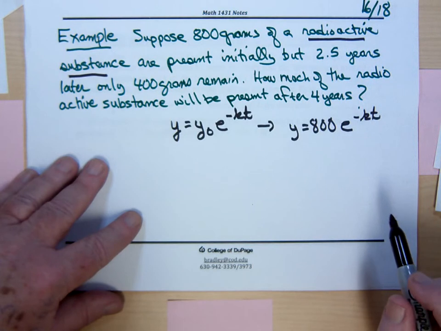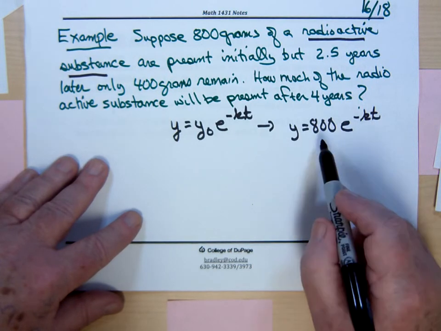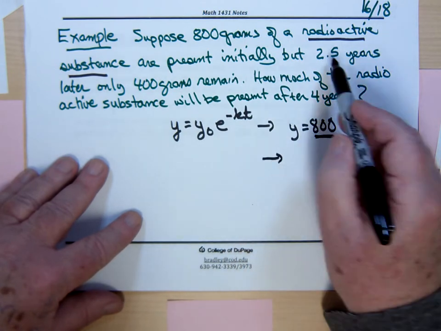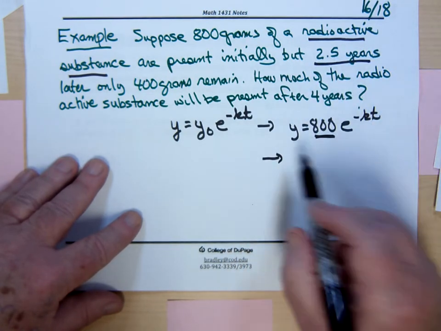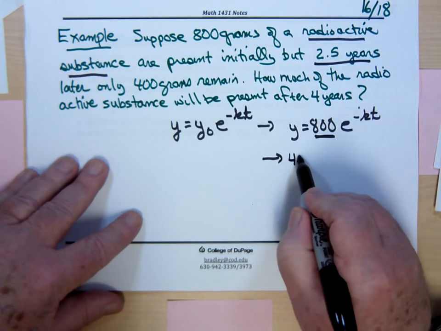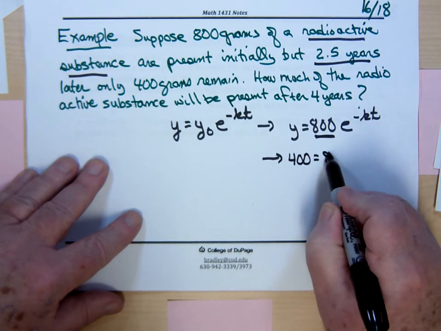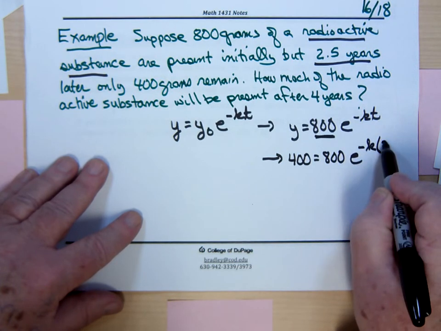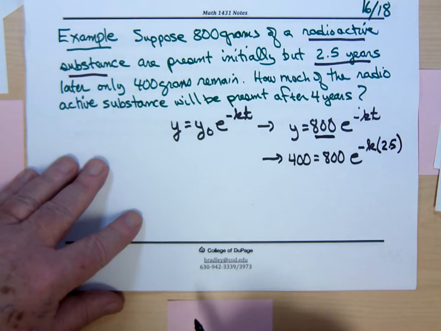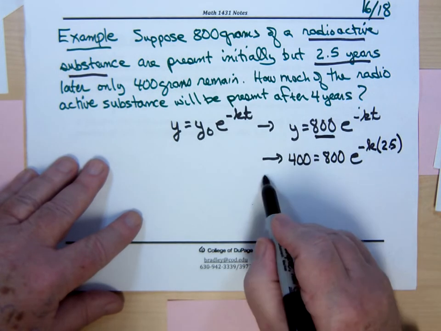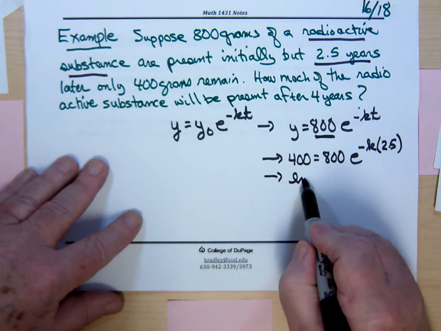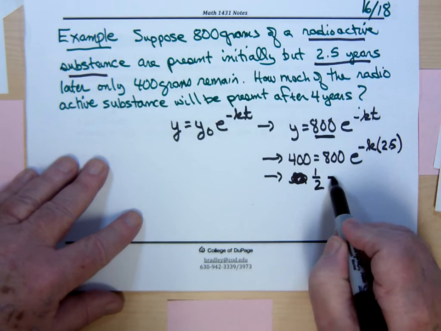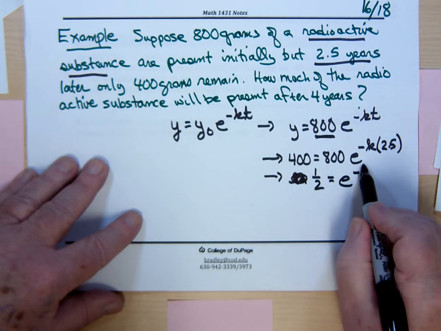So what we do know is that there were 800 grams available initially, and we also know that when t is 2.5, it's 400. So we know that this is 400, that is 800, and this is e to the minus k times 2.5. Now we will divide both sides by 800, and so we'll have 1/2 is equal to e to the minus k times 2.5.